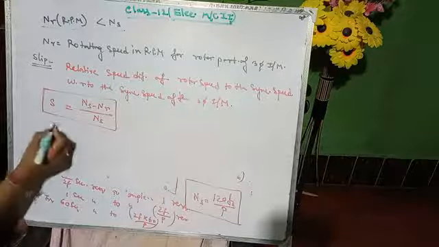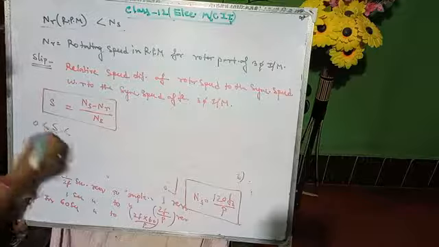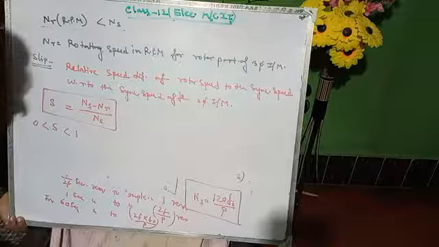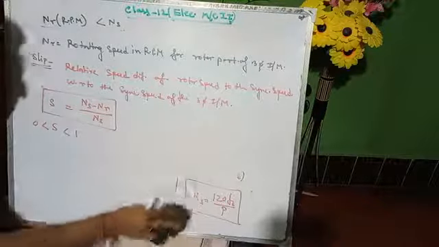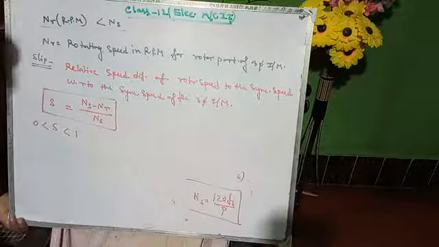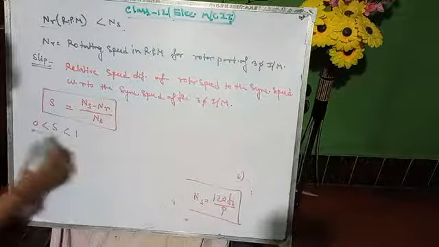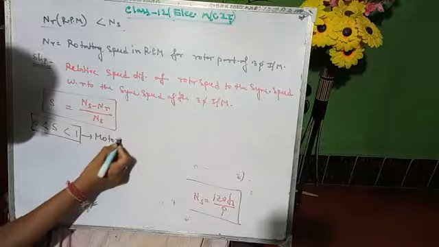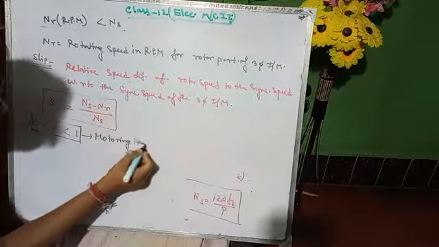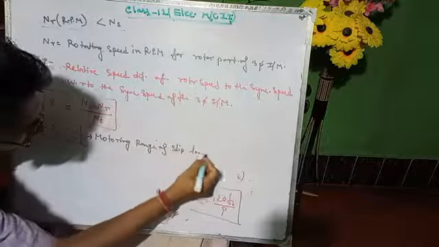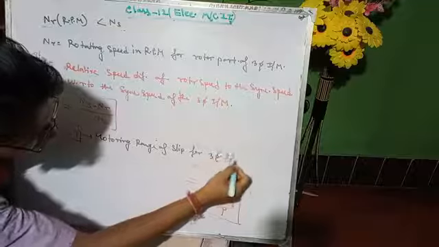Now this slip varies between 0 and 1. Always remember, this slip varies from 0 to 1. And what is the significance of this slip? Now you have to write the significance. This is called the motoring range of slip for a three-phase induction motor.